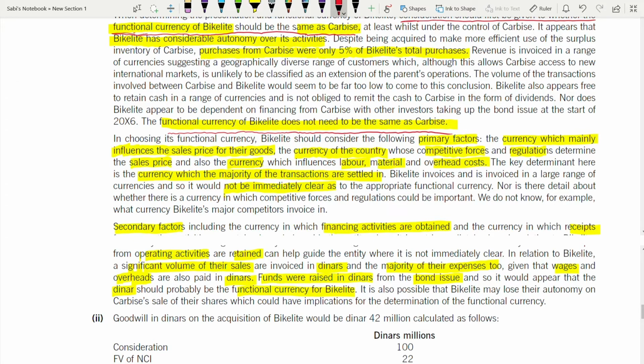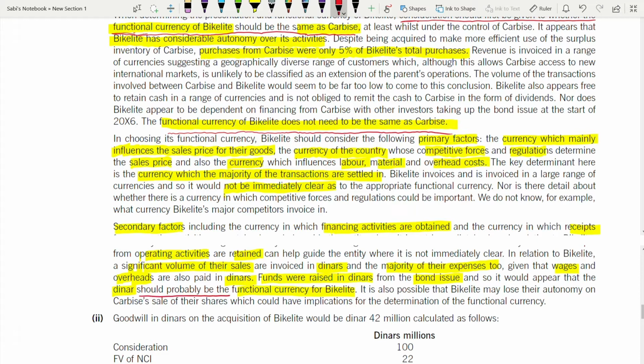If you see the answer also, they didn't say dinar is the functional currency for Bike Limited. It's not clear cut. In any SBR answer or any paper in ACCA, professional papers, when you are answering, you will never see clear cut that this is the answer or that is not the answer. It is somewhere in between, right? So the answer is, it would appear that the dinar should probably be.